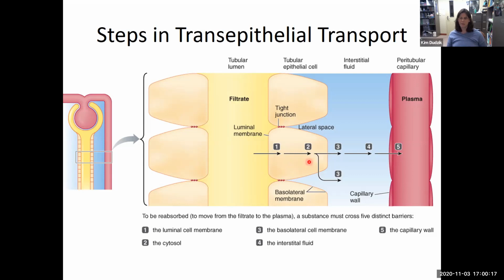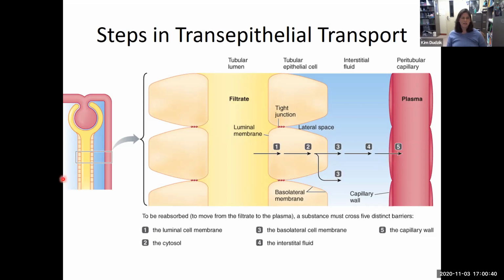That's not going to be a big deal. Then it's got to pass through the other side of the cell membrane, the basal or basolateral surface. It's got to go through the interstitial fluid and then cross the capillary wall, which actually has 2 surfaces as well, but we're not going to worry about that.